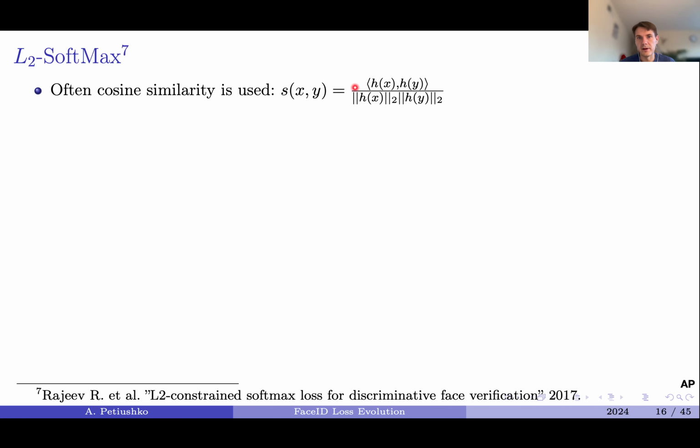This is the dot product of h_x and h_y, for example for face images x and y, divided by the norms of these representations. So basically speaking, this is the cosine of h_x, h_y, if you remember what the dot product is.